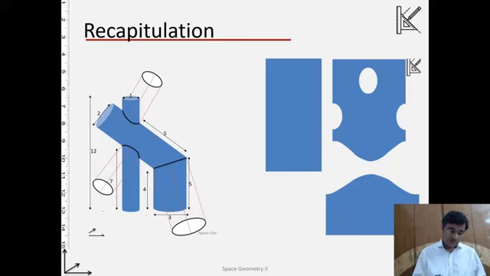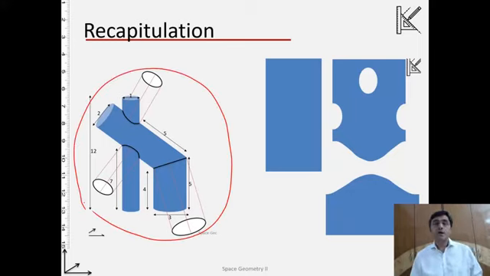In the last lecture, we were talking about an object, and we wanted to make this object by cutting smaller pieces out of a large sheet. The idea was, if we just fold those pieces or those sheets, we should be able to make this object.